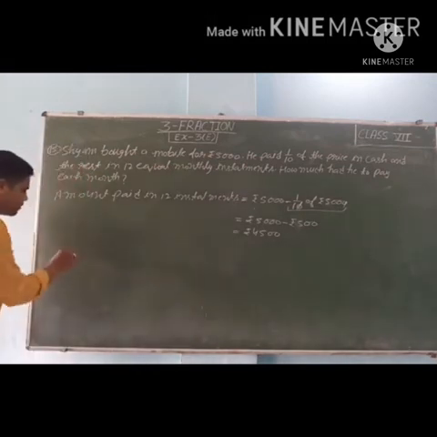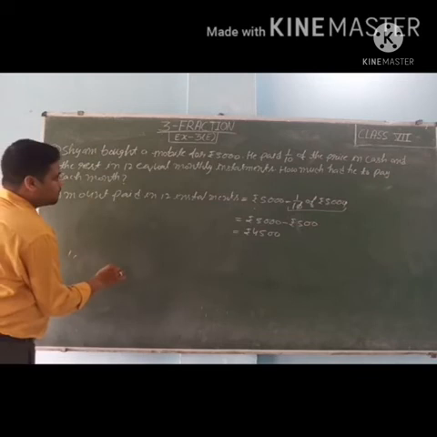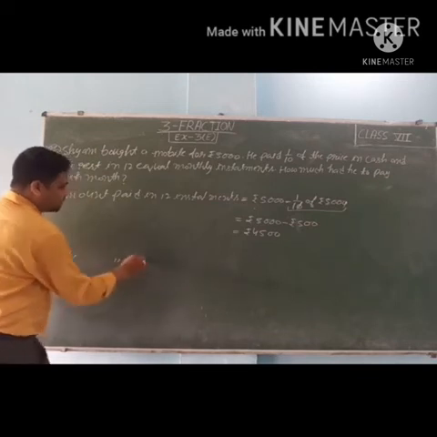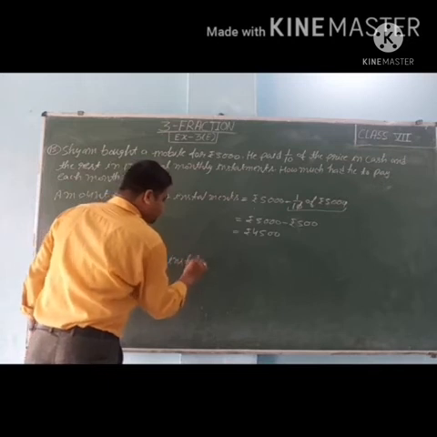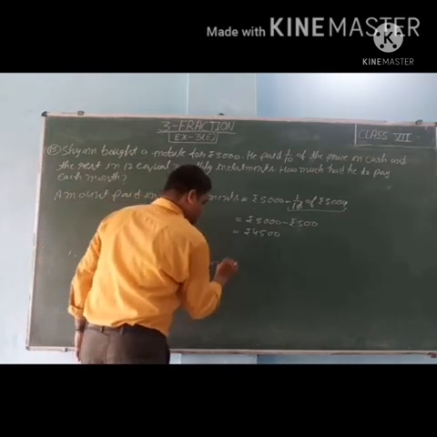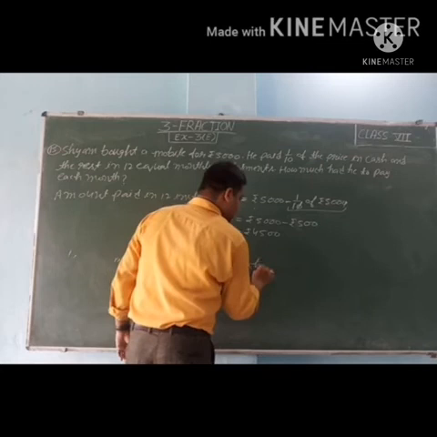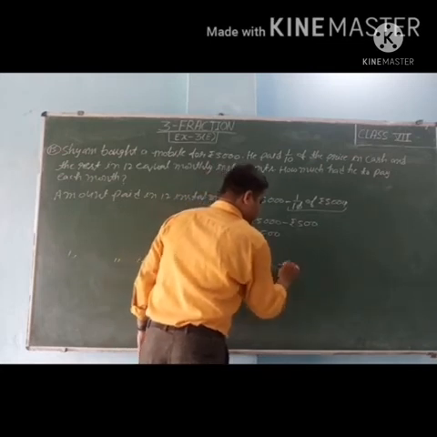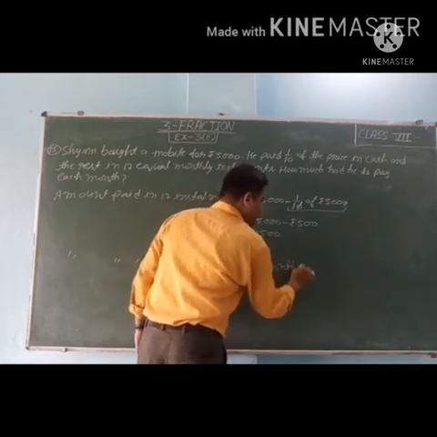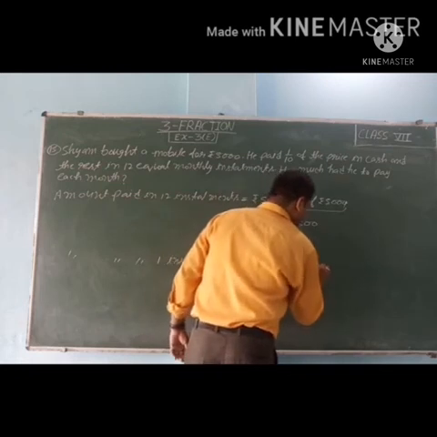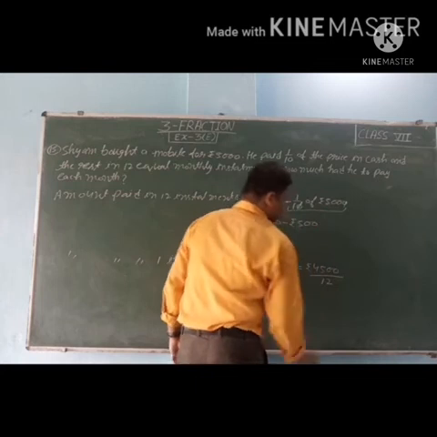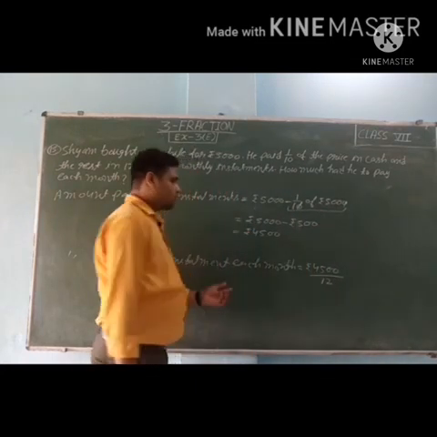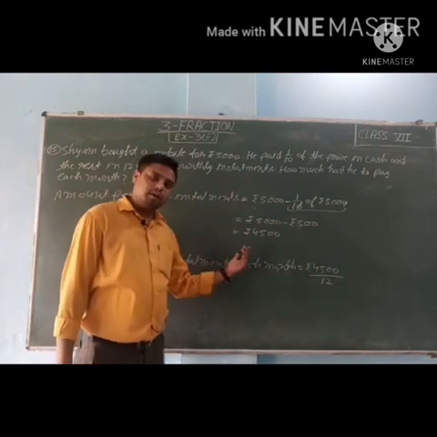So amount paid in one installment each month is equal to rupees 4,500 upon 12. So 4,500 is the total amount.